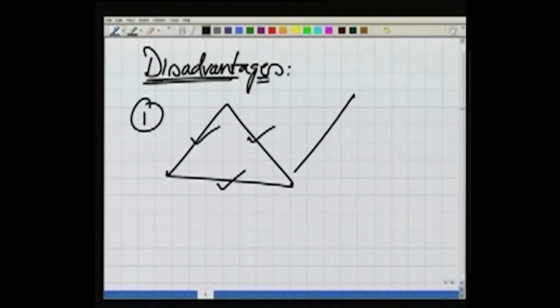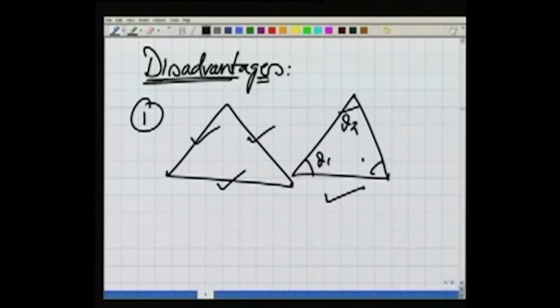In the case of triangulation, we measure these 3 angles. Now in triangulation, we can say theta 1, theta 2 and theta 3, so sigma theta should be equal to 180 degrees. Our observations in the triangulation should satisfy this condition.